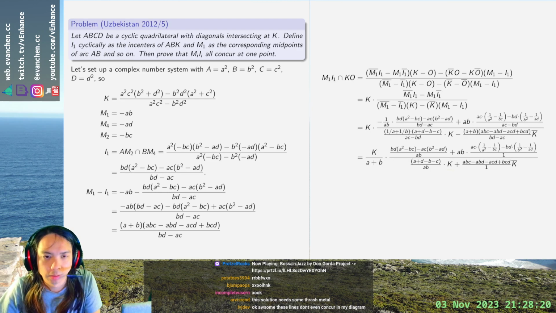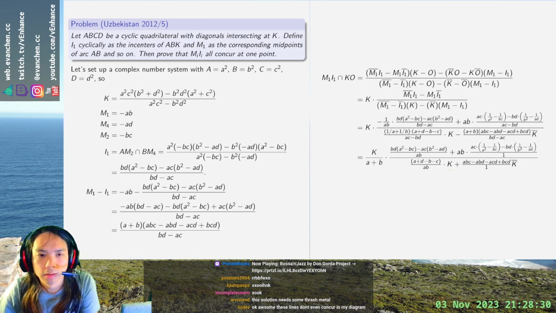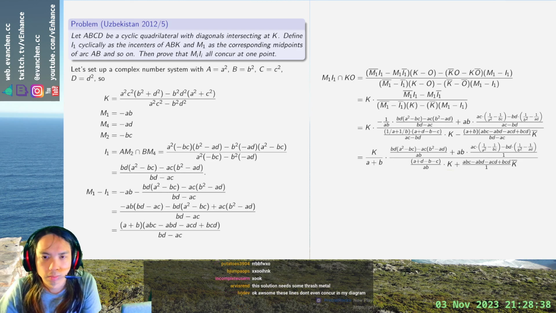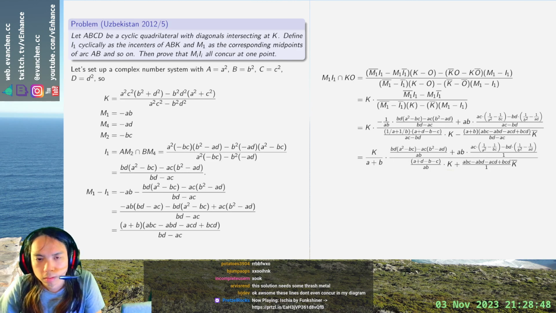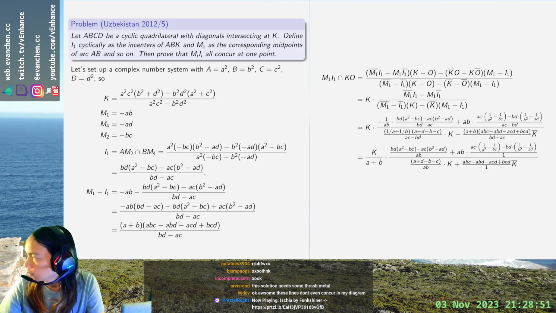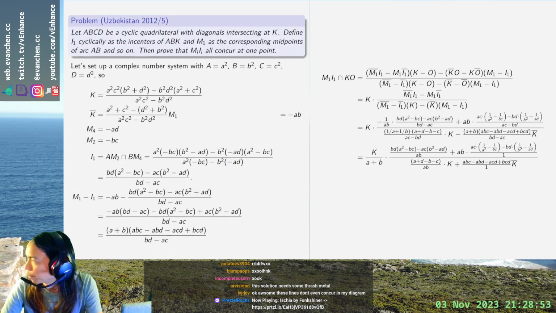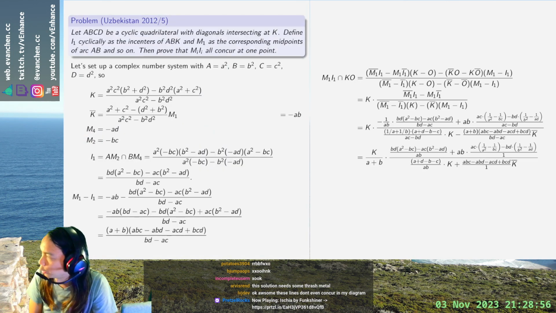So it's like d squared plus b squared minus a squared minus c squared over... Okay, so we need to simplify the denominator, and we need to simplify the numerator.